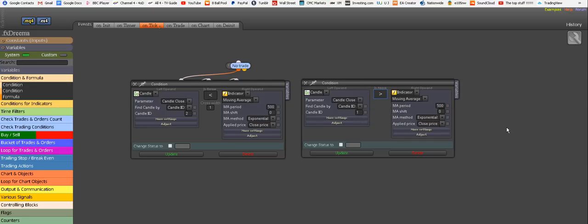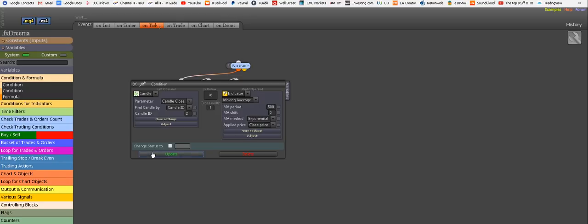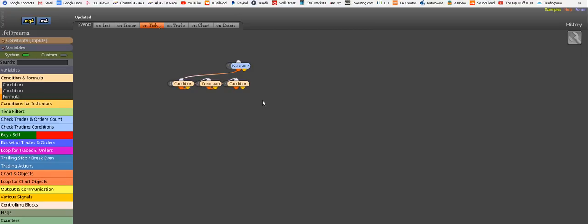So basically the previous candle closed below, but the most recent candle closed above it. Update.